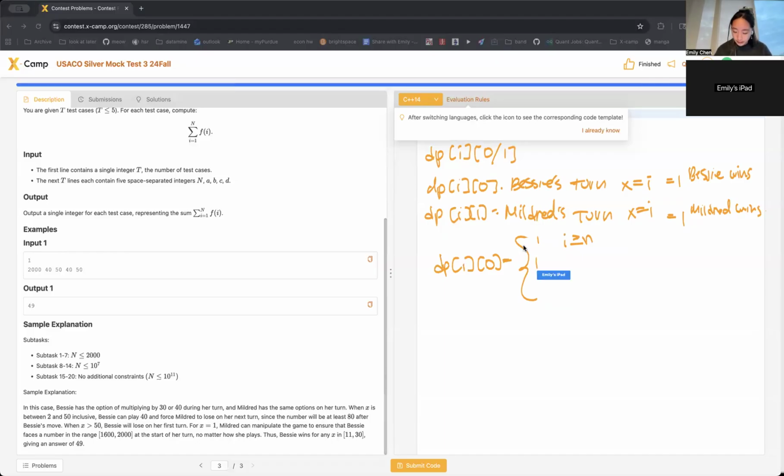And it would equal 1 if the min of dp of i times a, 1, or dp of i times b, 1 is equal to 0. So this would mean that if either of these choices, multiplying by a or b, could force the other player to lose, then Bessie can win currently.